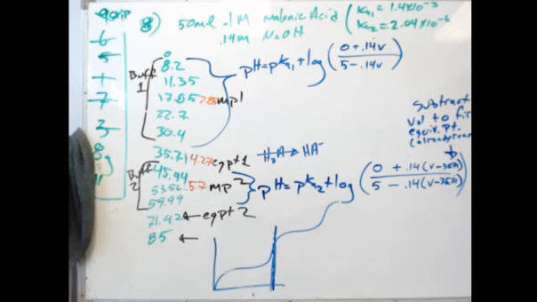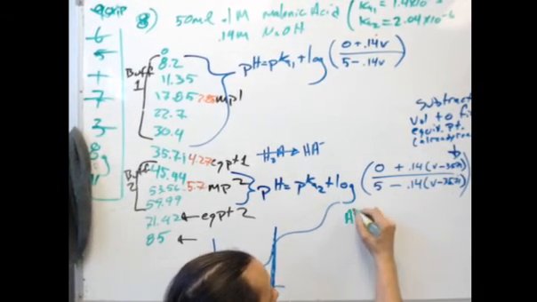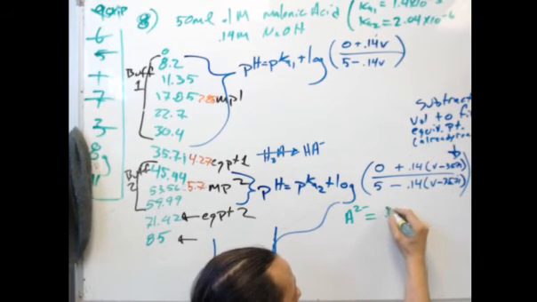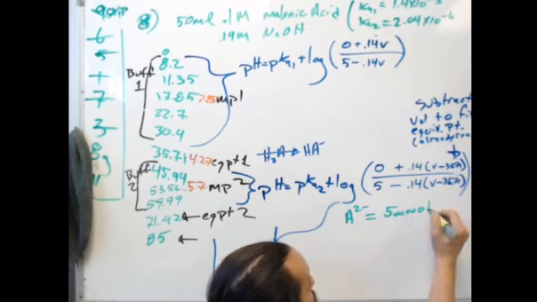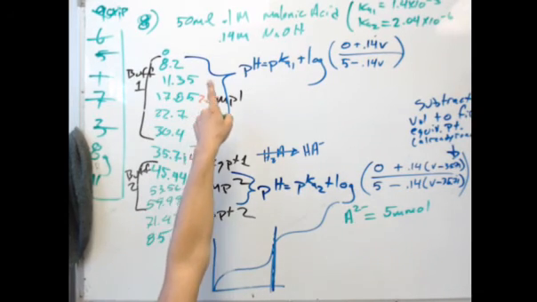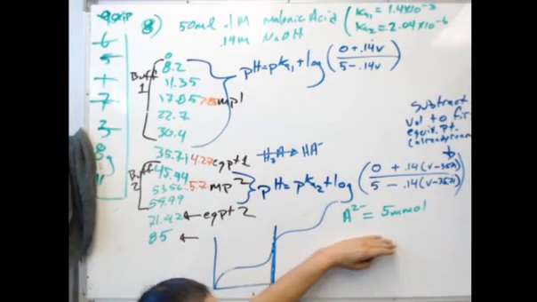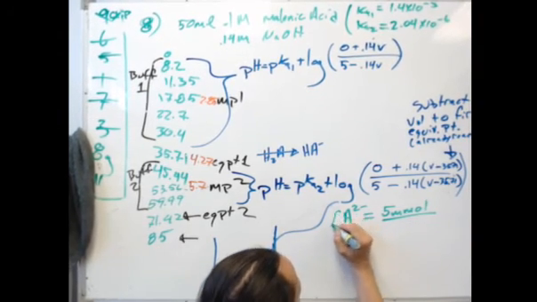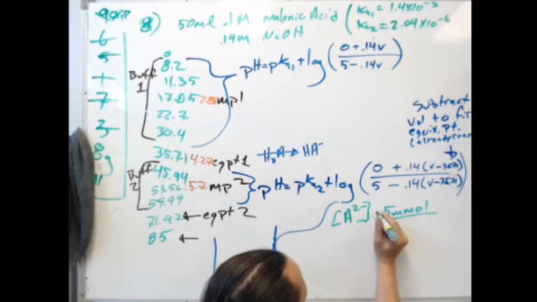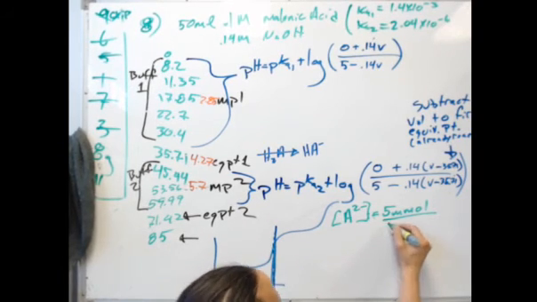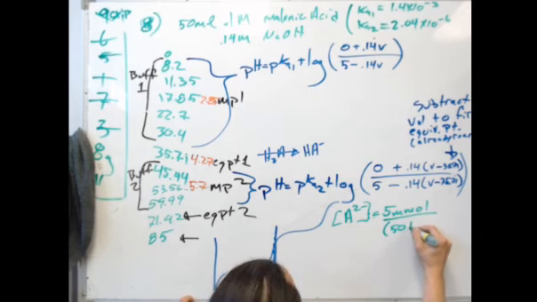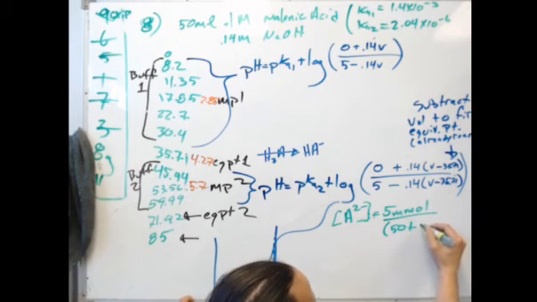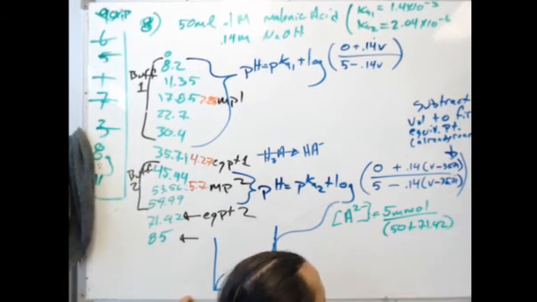So the way we would do that, if we wanted to do this, is we'd look at our stoichiometry. We don't even have to look at the stoichiometry, right? We can just say A2 minus is equal to 5 millimoles, because at the equivalence point, all of the acid we started with is the new thing. I want the concentration of A2 minus, so I'm going to divide that millimoles by 50 plus 71.42.